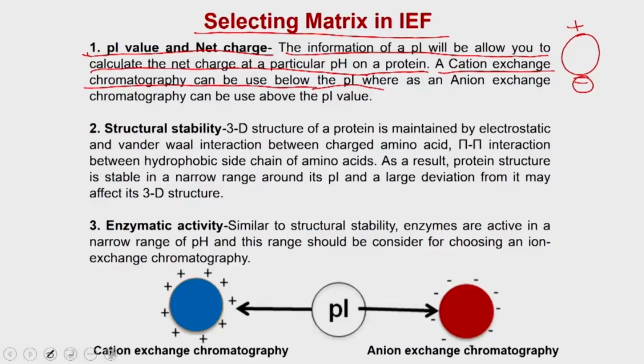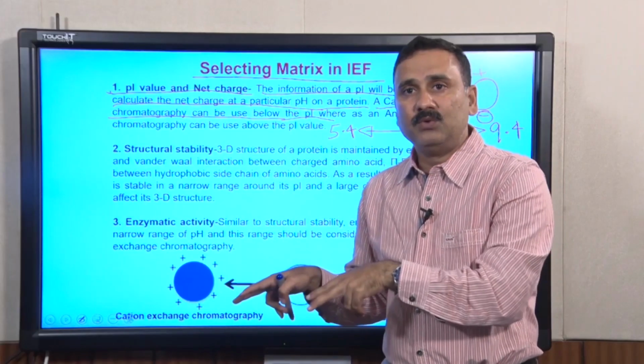This means if you have a protein whose pI value is 7.4 and you would like to use cation exchange chromatography, you have to perform it at 5.4, but if you would like to use anion exchange chromatography, you have to use a pH of 9.4, which means you have to bring in a 2 unit difference from the pI value.